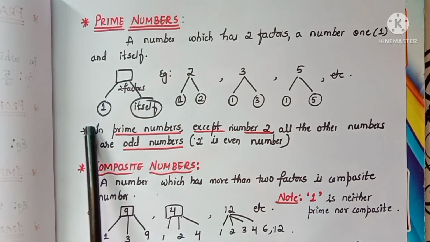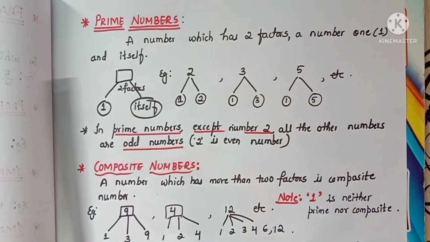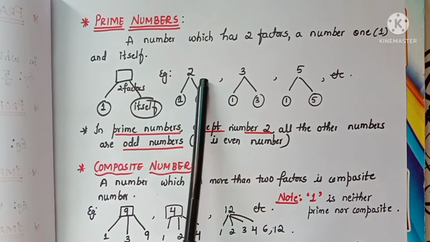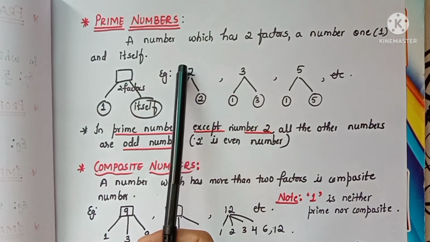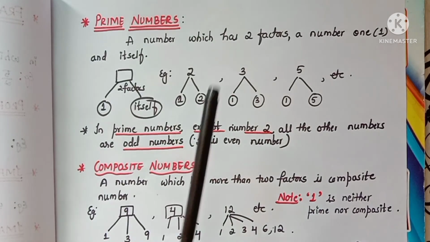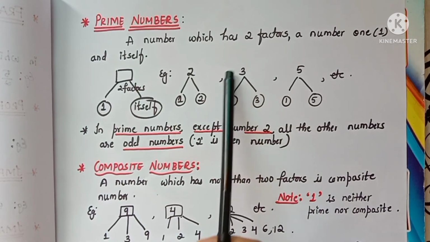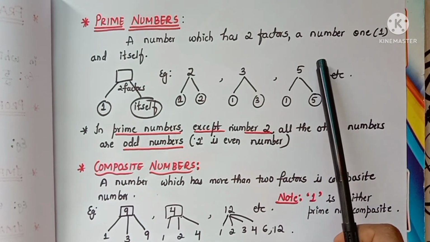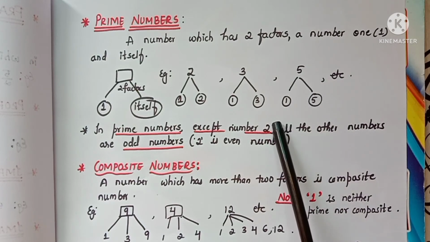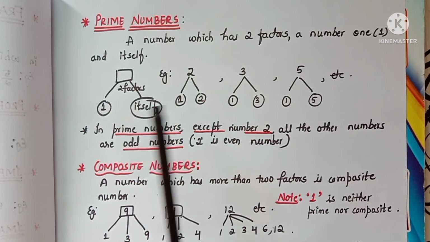One factor will be 1 and the other factor is the number itself. For example, if you take 2, the factors of 2 are 1 and the number itself. If we take 3, the factors are 1 and 3. If we take 5, the factors are 1 and 5, the number itself. These are called prime numbers.